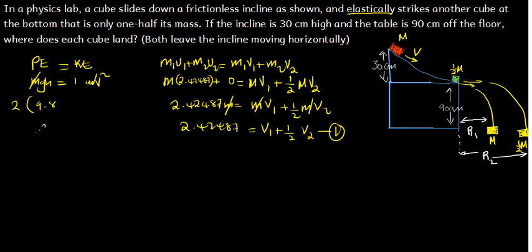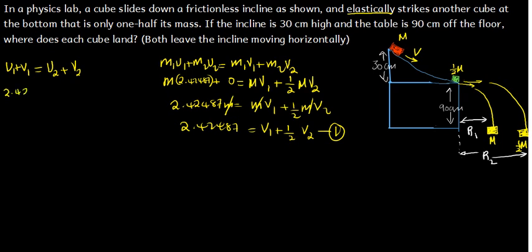In an elastic collision, the initial velocity of the first mass plus the final velocity of the first mass is equal to the initial velocity of the second mass plus the final velocity of the second mass. The first mass was initially moving at 2.42487.